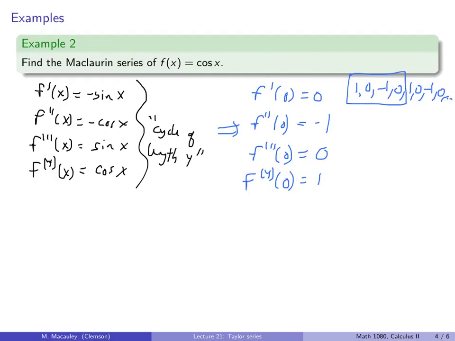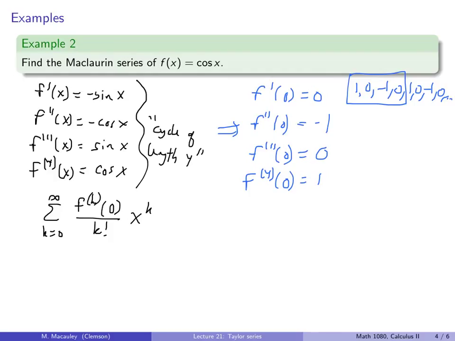Okay, so our series is going to be the infinite sum, k equals 0 to infinity, of the kth derivative over k factorial. So it's the same thing we've seen before.